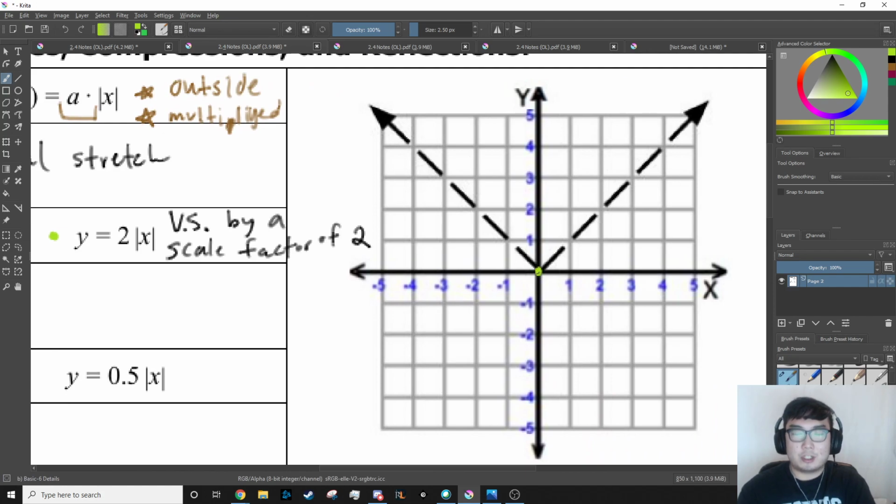So I would still start from 0, 0, but I would go up to the right one, up to the right one, and so on. And then obviously I know that this is symmetrical, so I just copied it. I'm just guesstimating.